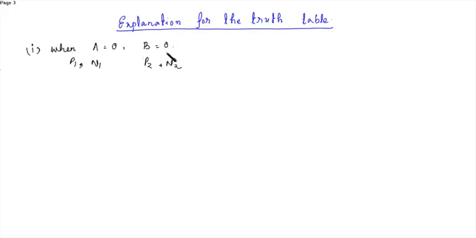So when A is equal to 0 and B is equal to 0, let's see the input, then the condition of PMOS and the condition of NMOS.